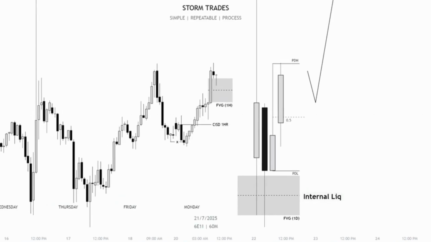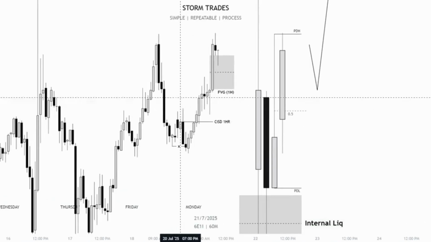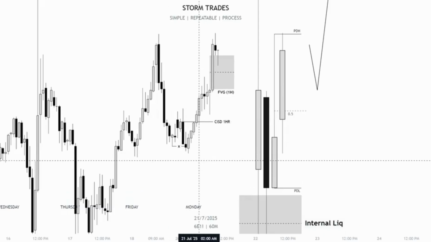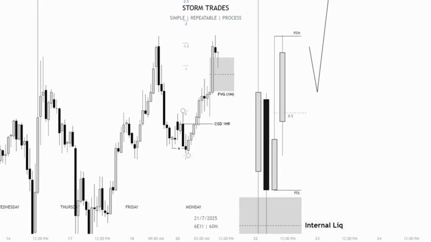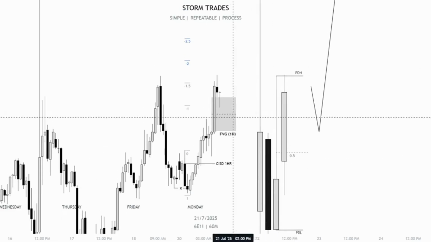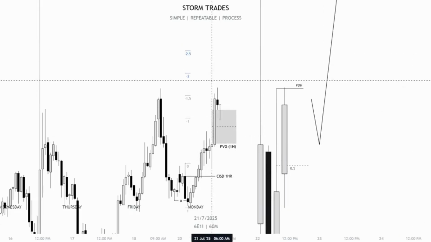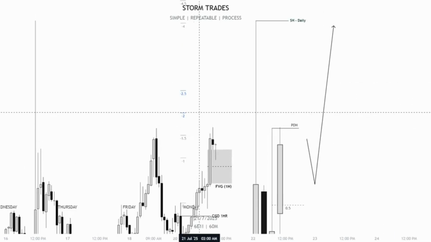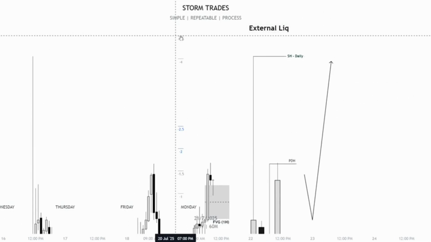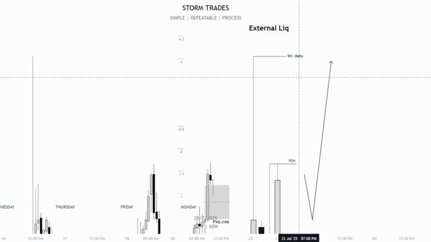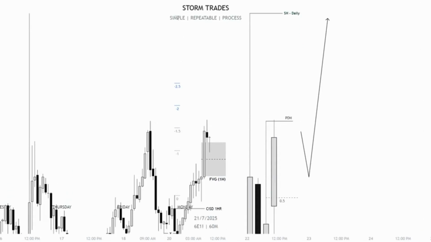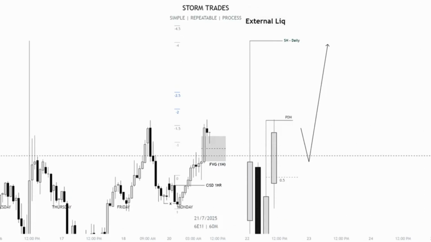Something else to take note of, whenever I have a clear swing high prior to the move that took liquidity, indicating our change in state of delivery, I would like to run a fib and see how much room we have until our ultimate targets. Our immediate targets are -2 to -2.5, and up here, coinciding with the -4 to -4.5, is the swing high ultimate target on the daily.